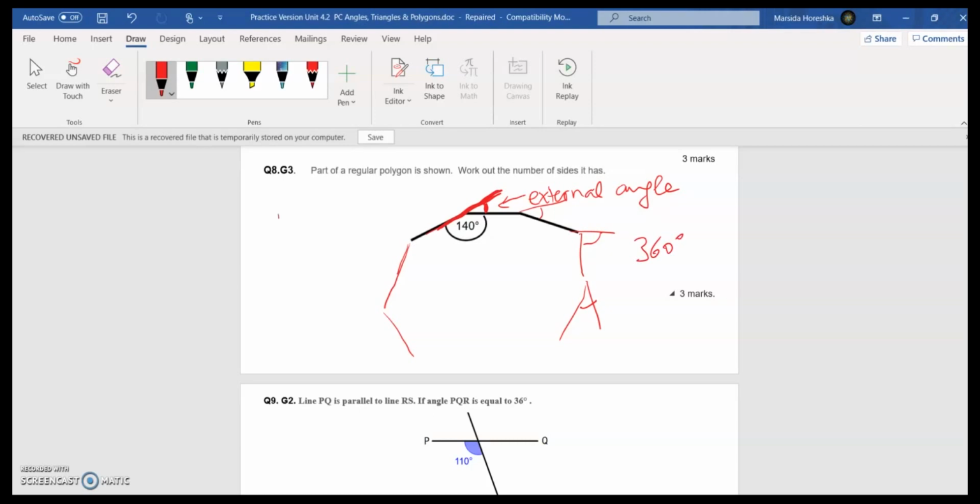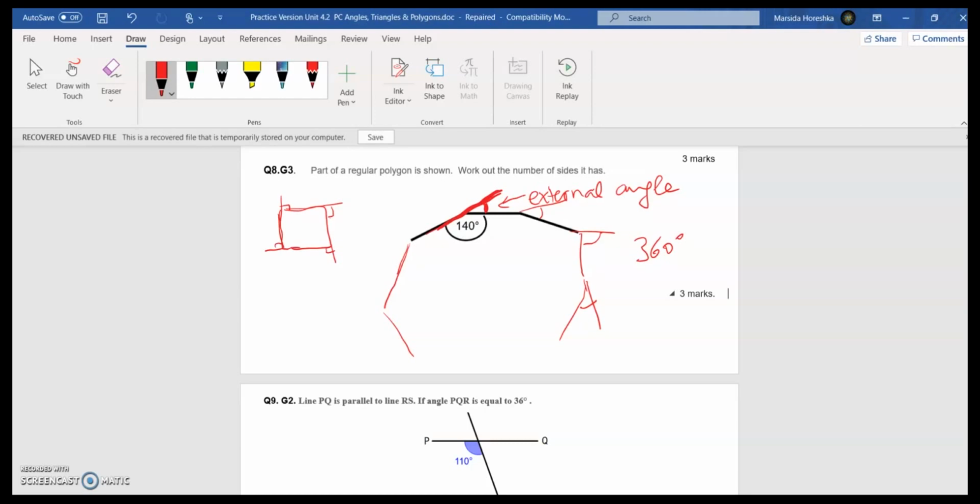If you ever forget that, draw quickly a square or rectangle, and as you can see, the external angles are right angles, 90 degrees. So 90 times 4 is 360. So we know these will add up to 360.